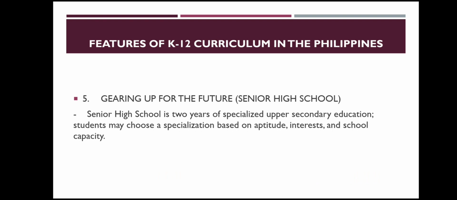Okay. And number five, gearing up for the future. So this is for the senior high school where they offer the different specialized subjects, right? This is what we call the upper secondary education. So it is based on their aptitude, interest, and school capacity, and it also involves the core curriculum or specific tracks.